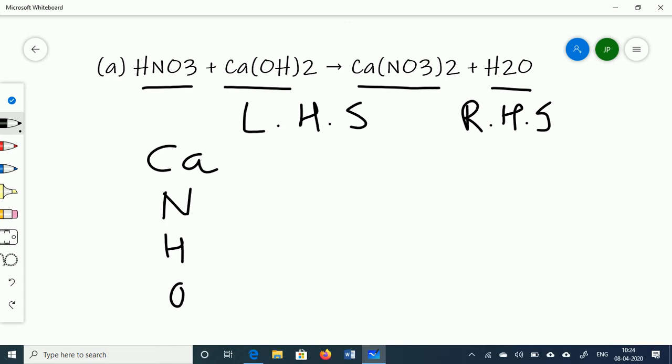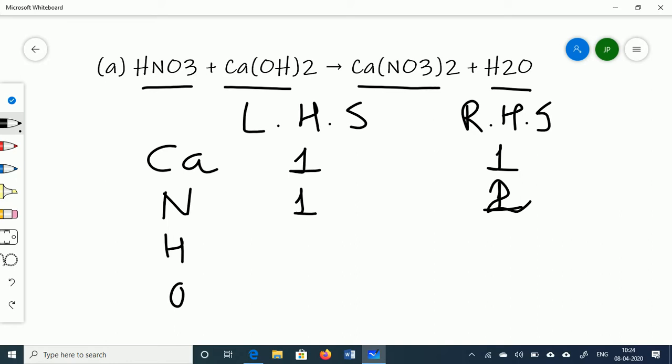The number of calcium is 1 on both sides. The number of nitrogen on the left hand side is 1, while on the right hand side NO3 appears twice, so nitrogen on the right is, sorry, not 1, it is 2.